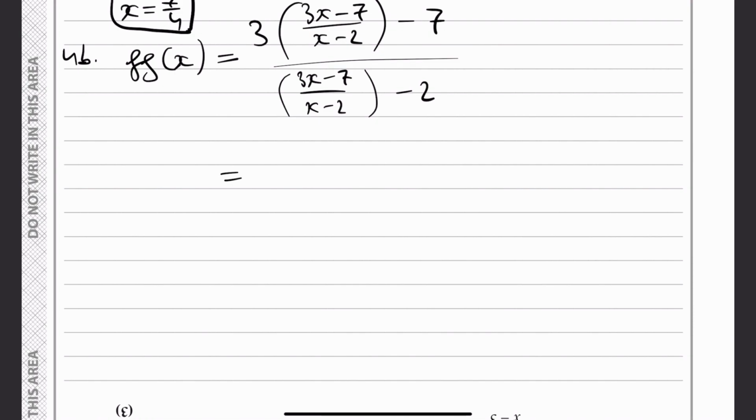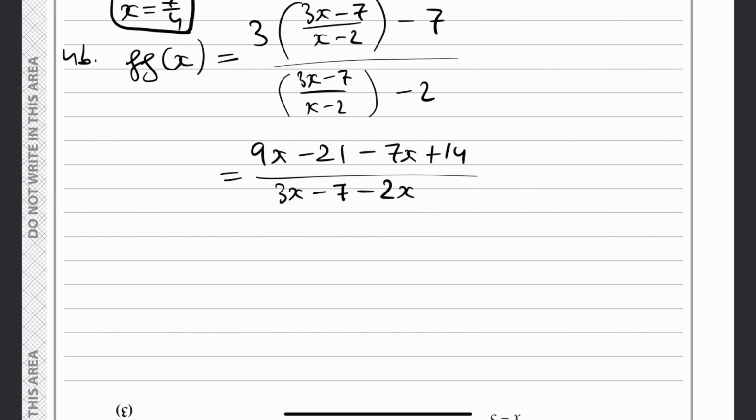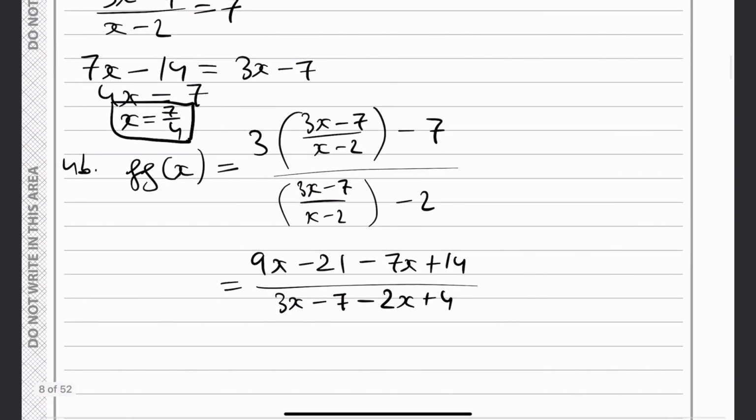So first of all, multiply the top row by this, and 9x minus 21 minus, and then we're going to put 7x, okay, and plus 14, I believe, over 3x minus 7, and then if we're going to minus 2, so minus 2x plus 4. So basically what I did was converted this 7 into 7 times (x minus 2) over (x minus 2), and then I just expanded it like this.